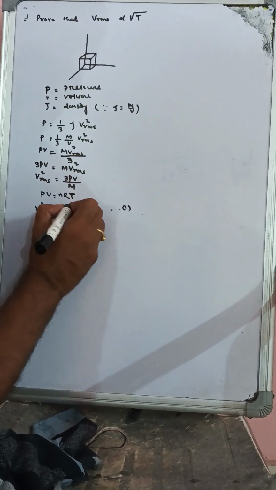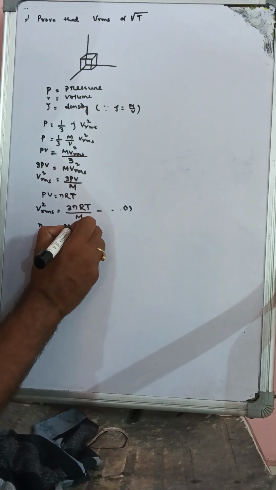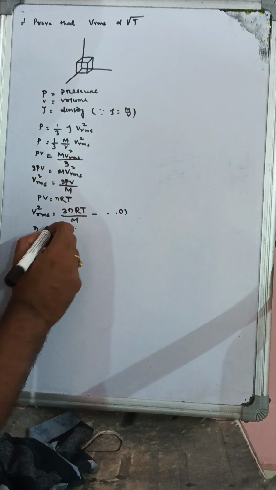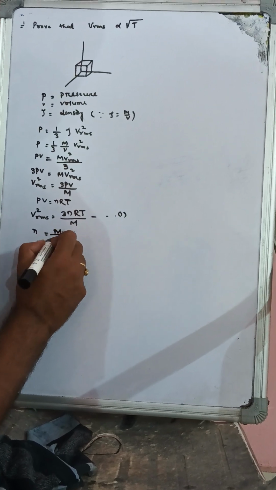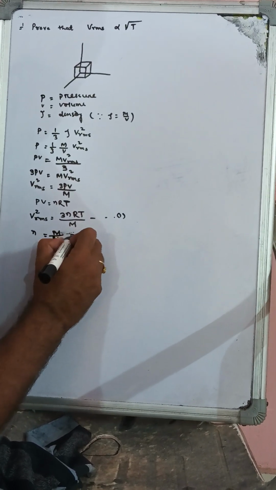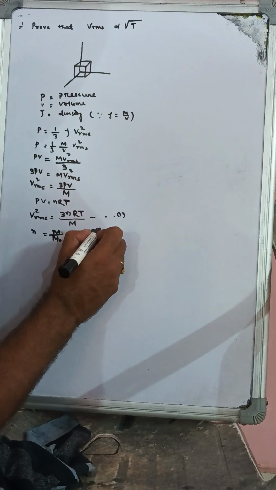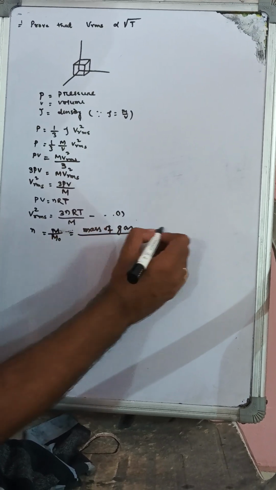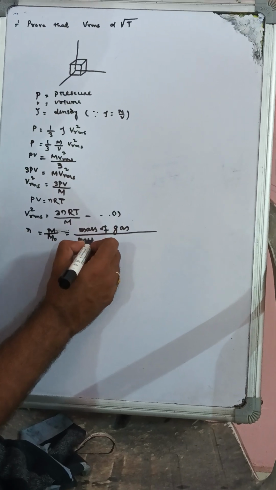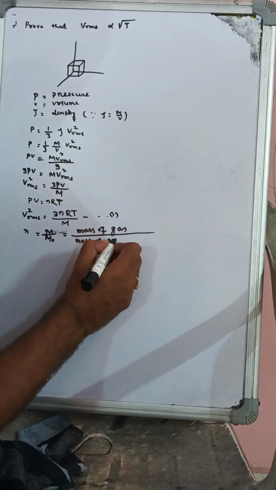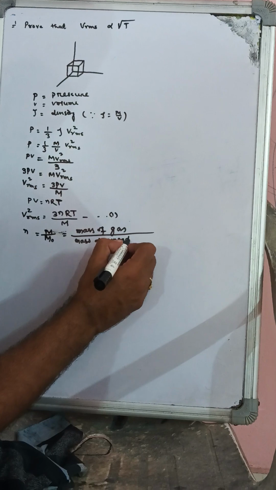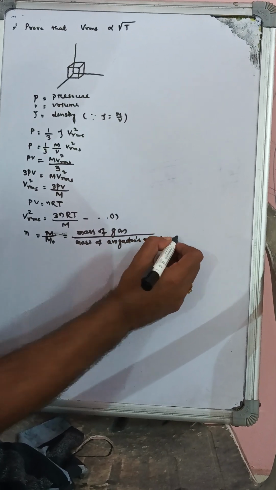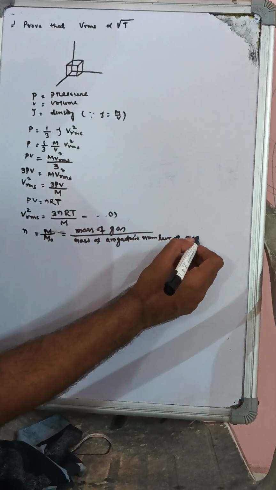Then n is equal to mass of gas, capital M, divided by m0, where m0 is the mass of Avogadro's number of gas molecules. Avogadro's number of gas molecules is a very important question.